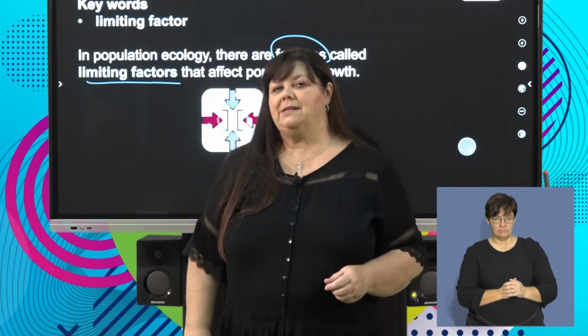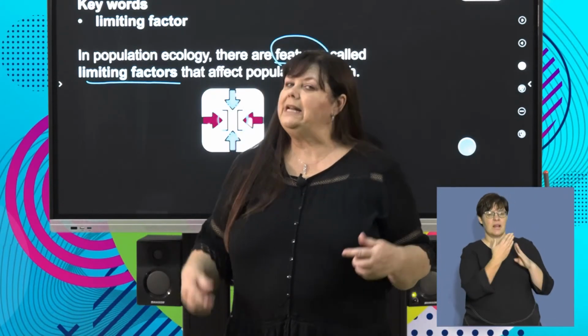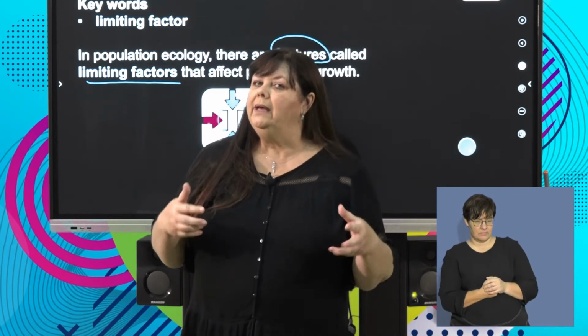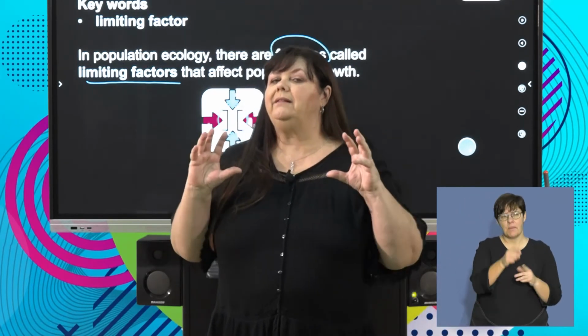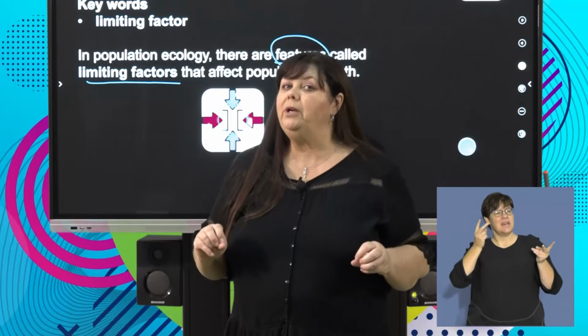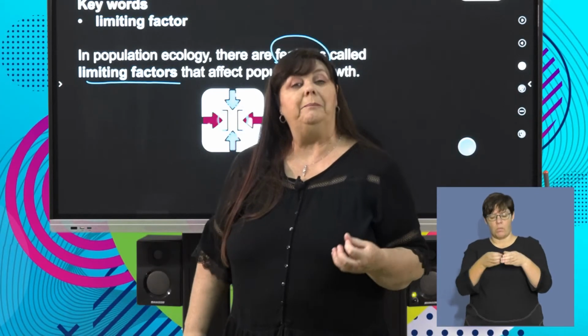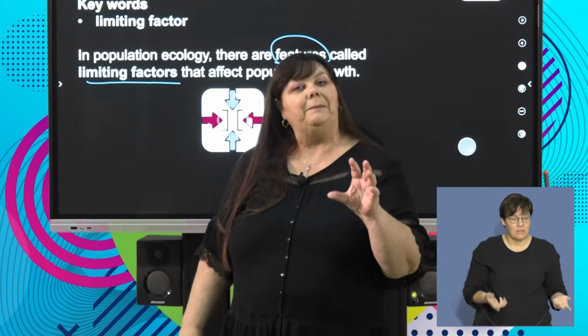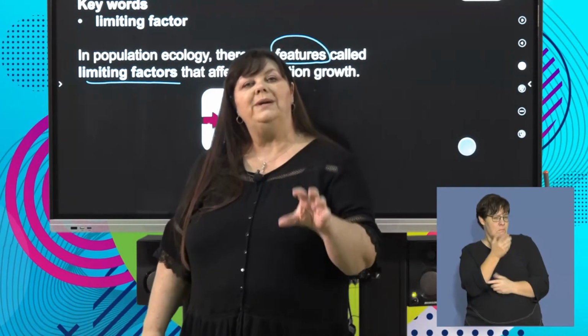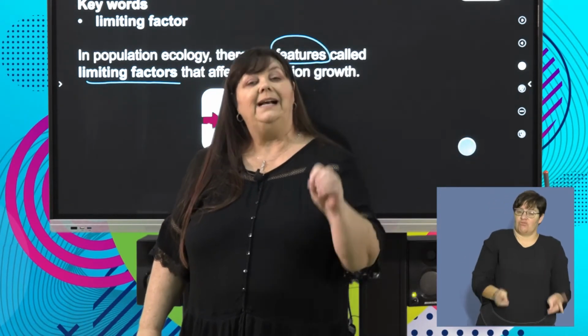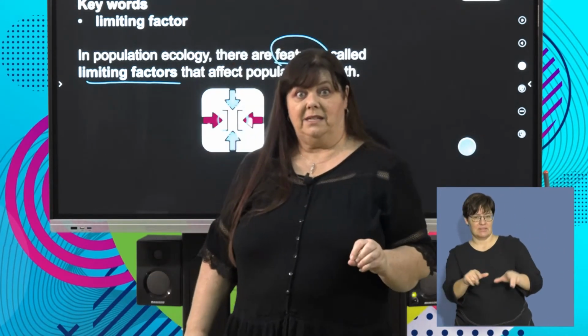Let's look at some of these limiting factors, and as we're talking about them, I want you to think about natural populations that you may be familiar with, and what is going to naturally limit the size of the population.